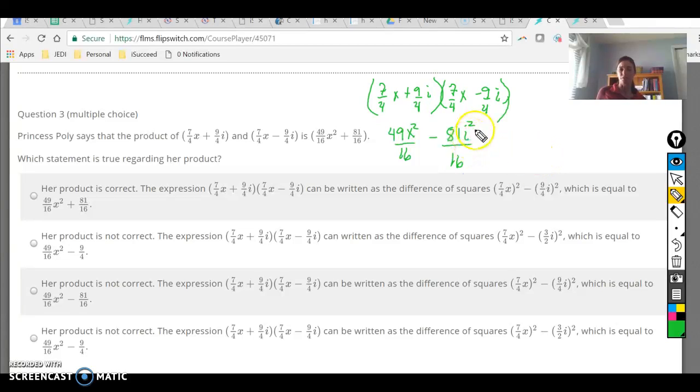But here's what we know. i squared is negative 1. So now I've got 49x squared over 16, and I'm going to add 81 over 16 instead of subtract it. That i squared threw a little bit of a wrench into it. That is what Princess Polly calculated. So in this instance, she is correct.